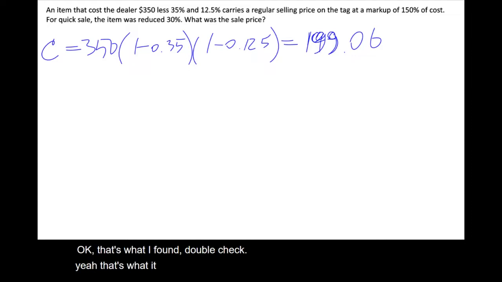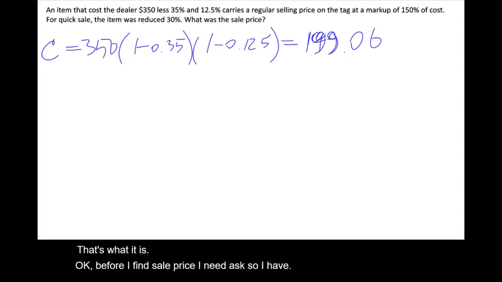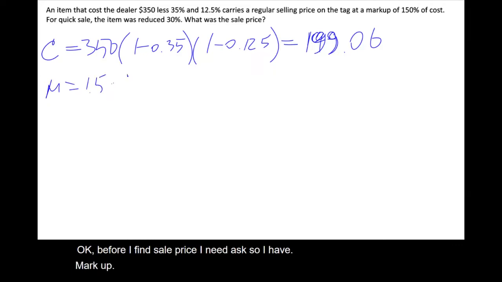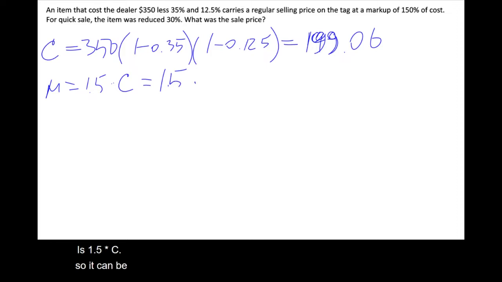Yeah, that's what it is. Okay, before I find sale price, I need S. So I have markup is 1.5 times C. So it can be calculated now.